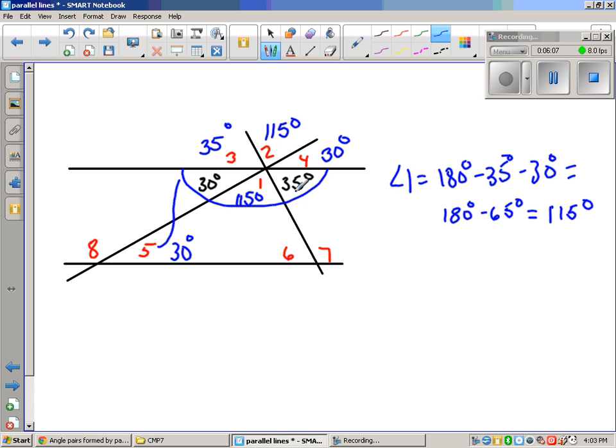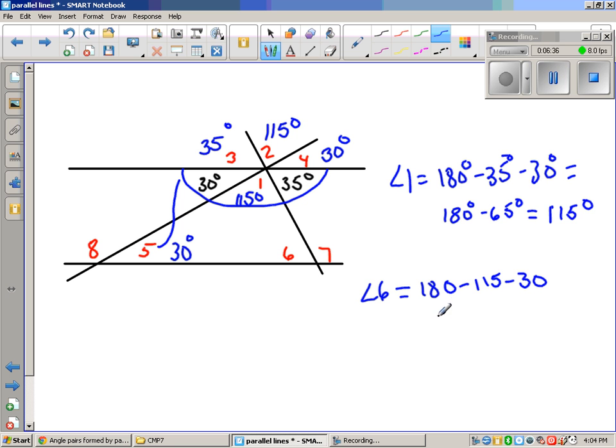Angle 6 is equal to... there's a couple ways to do it. One of the ways is to do angle 6 is equal to a triangle's 180 degrees minus 115 minus 30.